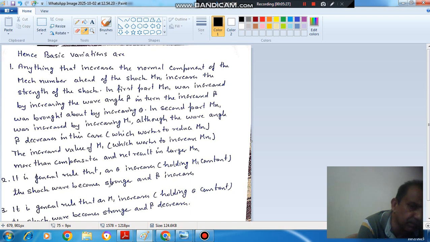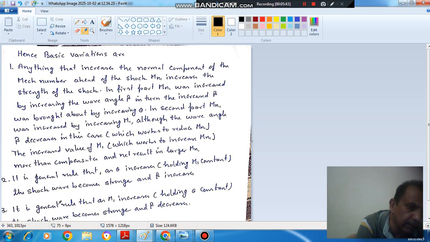Beta will also increase in this case. So if we increase theta, beta will increase, and Mn1 will also increase.